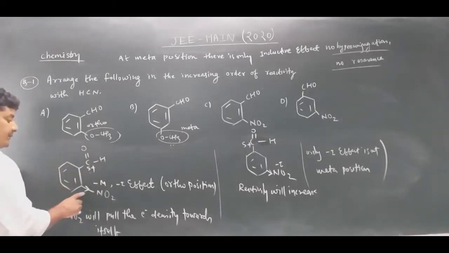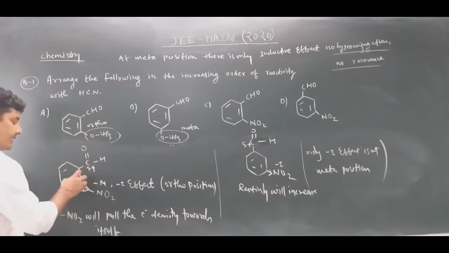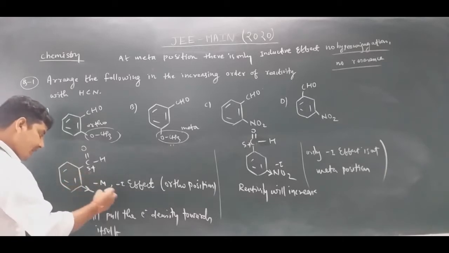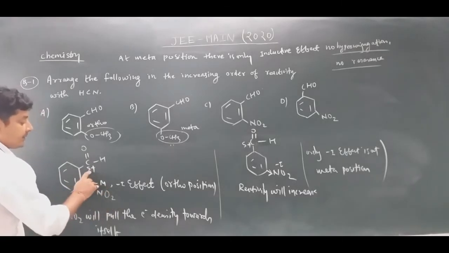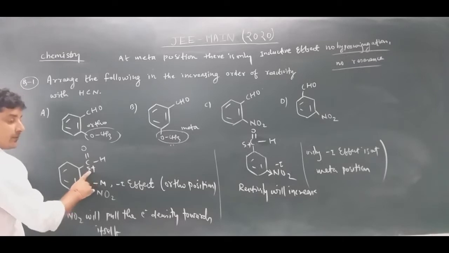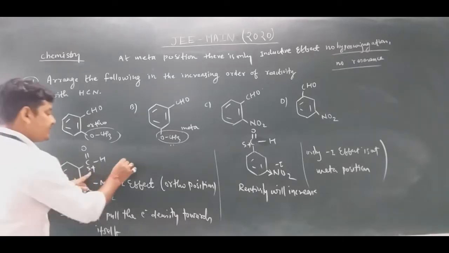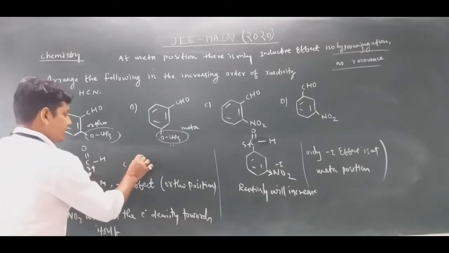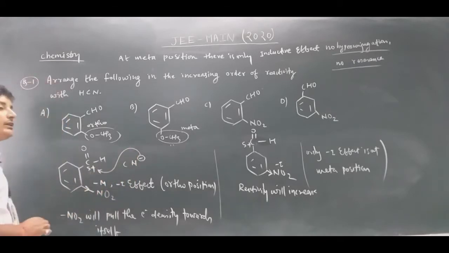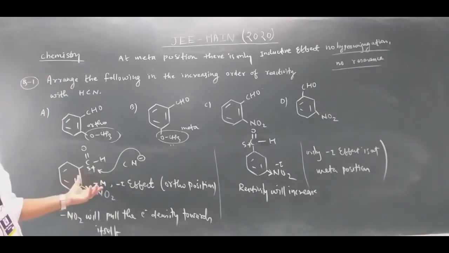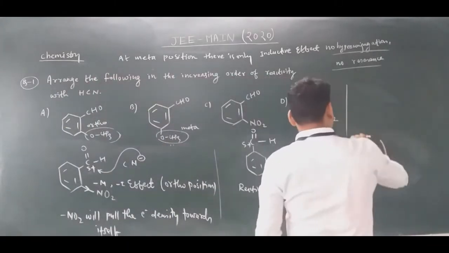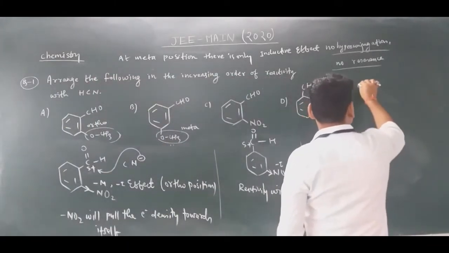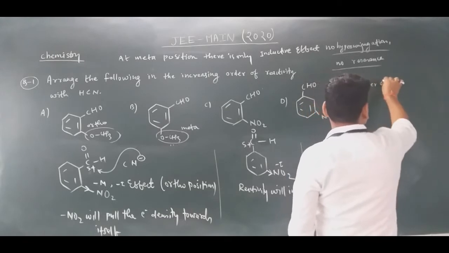In case of C we have minus M minus I. It means the electron withdrawing ability of this NO2 is very strong, making this partial positive charge very large, and therefore when the charge increases, the tendency to react with CN minus increases.